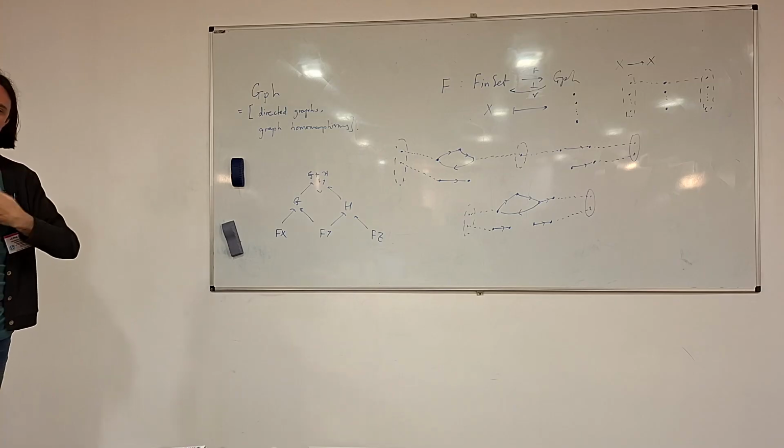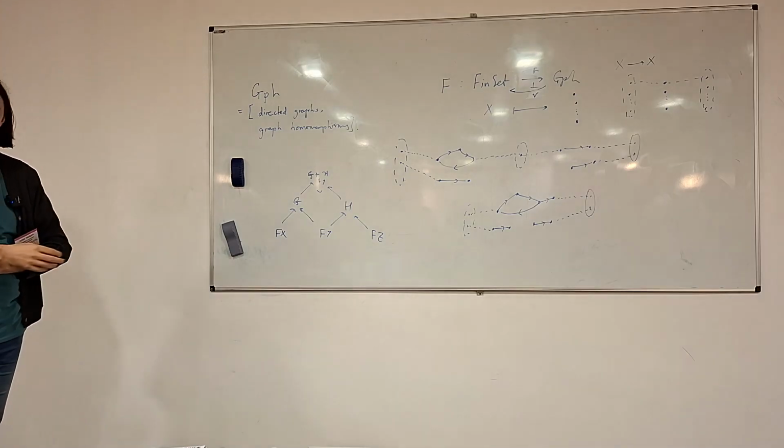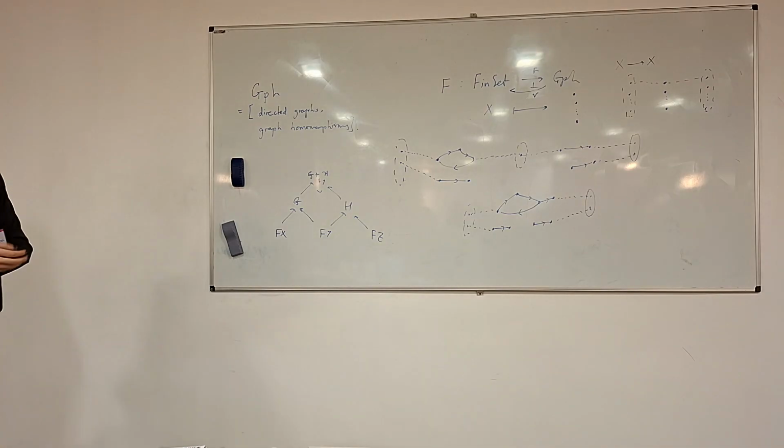I want to say that my objects of study have some behavior, or they do something that I care about. I want to calculate something about them. So what we generally want to do is functorially map out of a category like this into some other category that we care about.